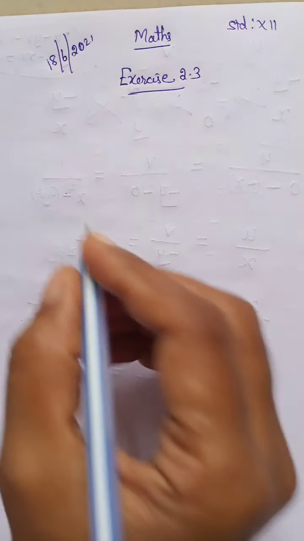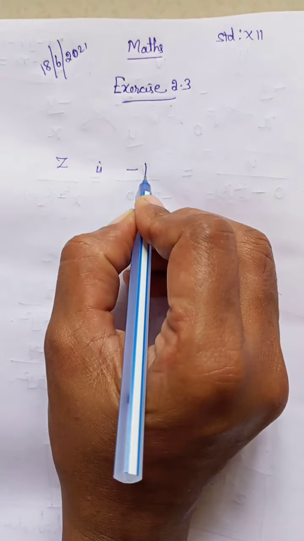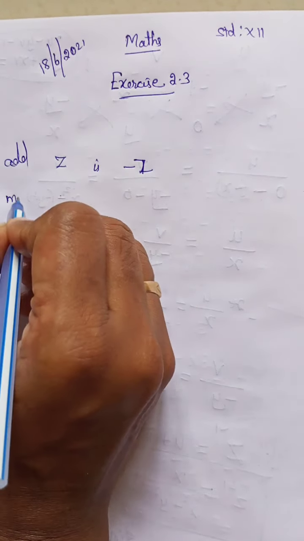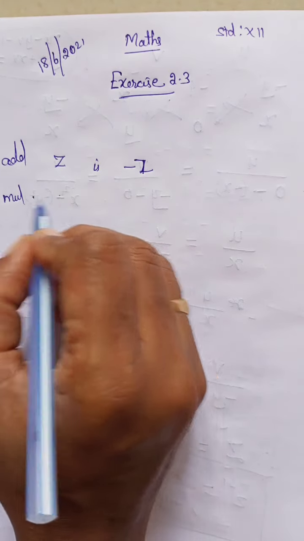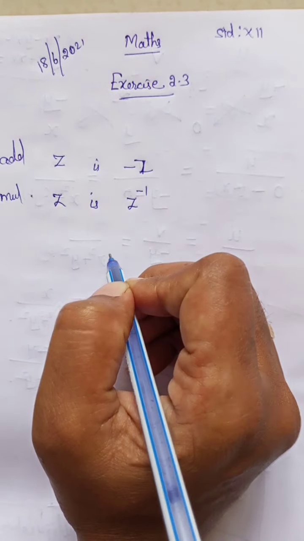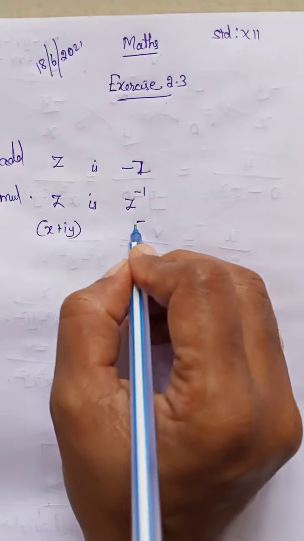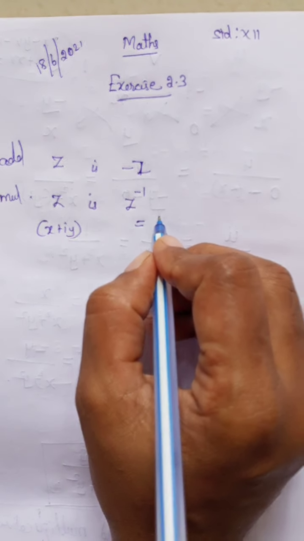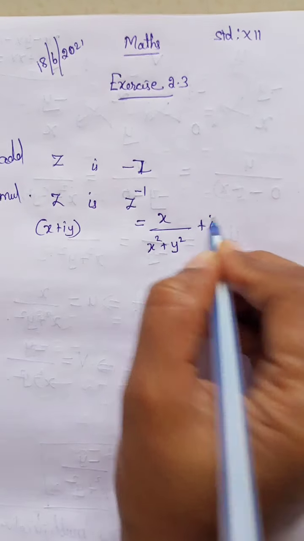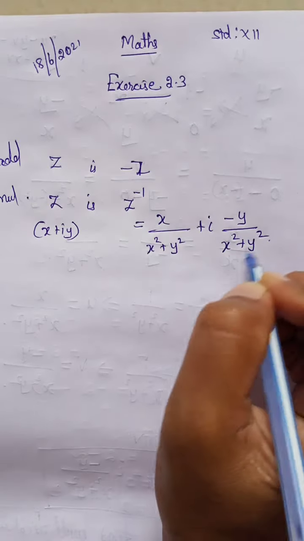Once again, shall we recall it? The additive inverse of Z is minus Z. In the same way, the multiplicative inverse of Z is Z inverse. If it is x plus iy, Z inverse is x by x square plus y square plus i into minus y by x square plus y square.